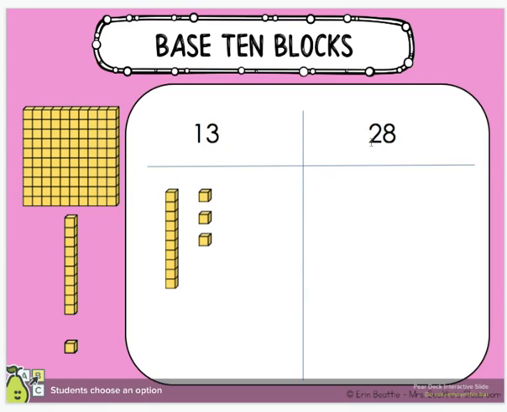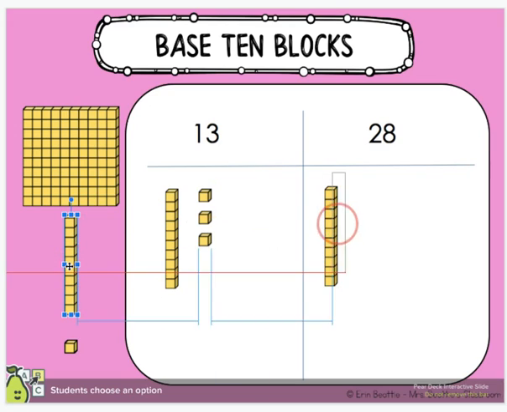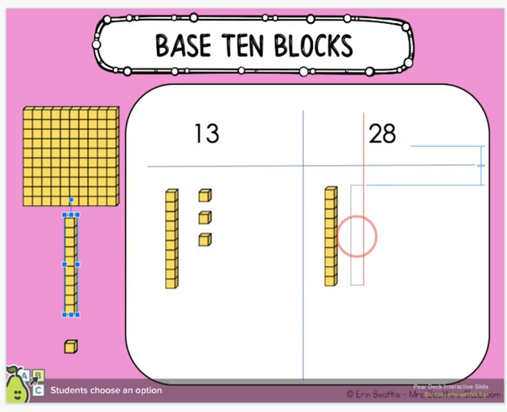Next, I have the number 28. Again, I have my tens and my ones. For my tens, I have the number 2. So that means I need to put 2 ten blocks under the number 28.